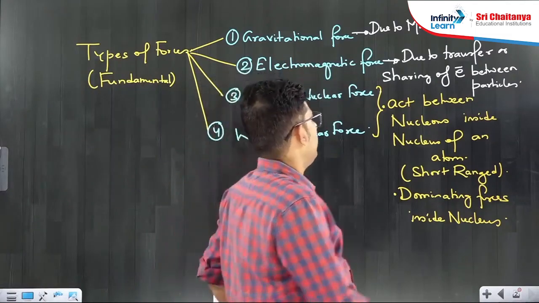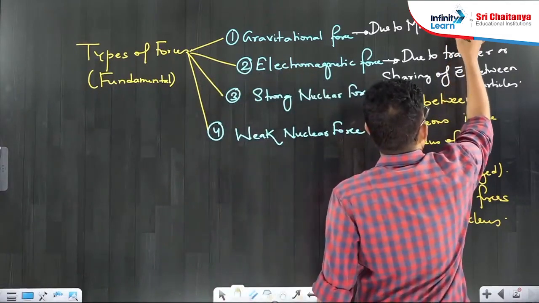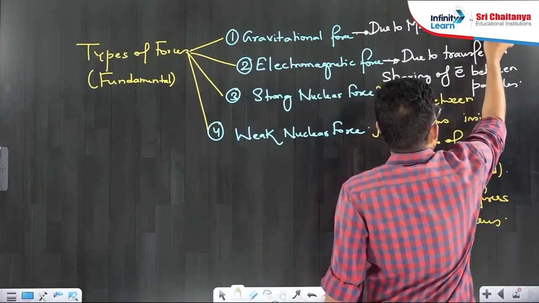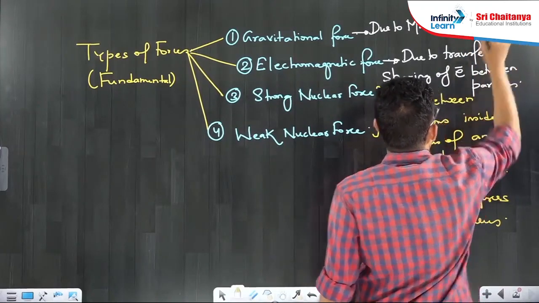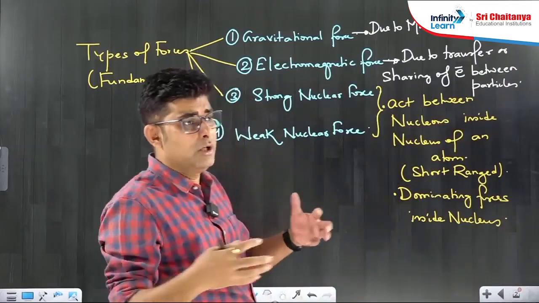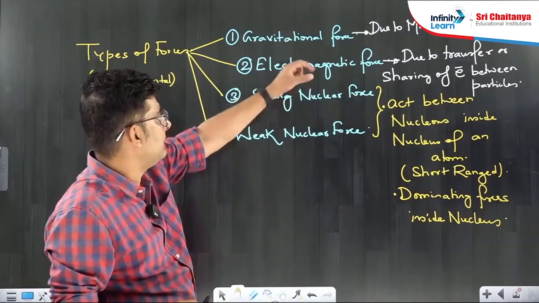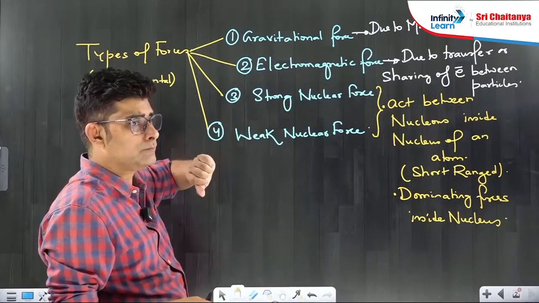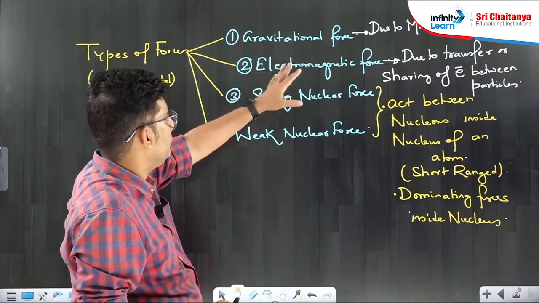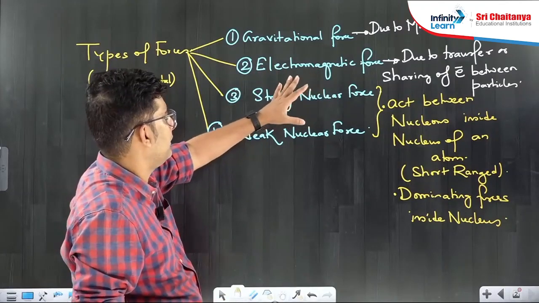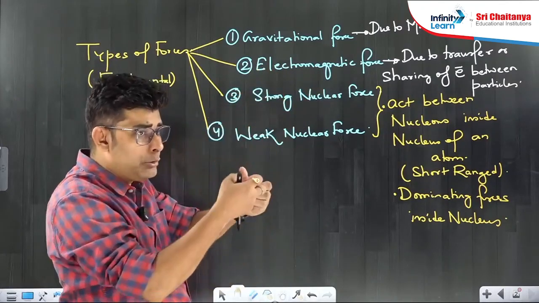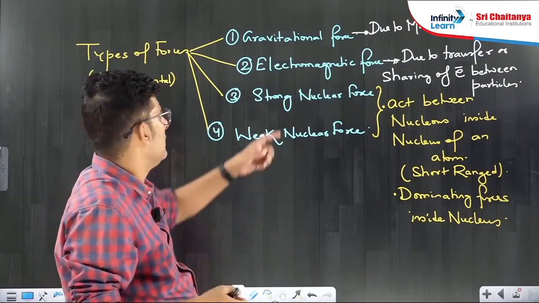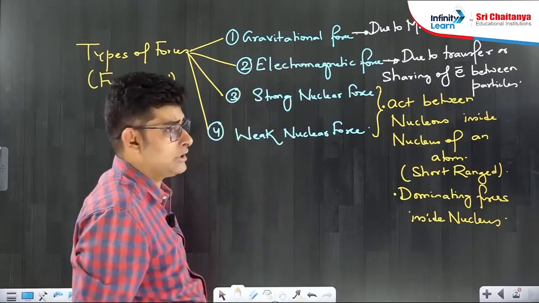This gravitational force is always attractive. It is a pulling force. Two objects will be pulled towards each other by this. So that type of force is known as gravitational force.